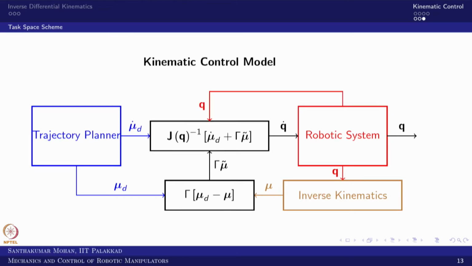One addition: you need this q because this J of q is required. Some people here again use the inverse kinematics and then the desired value, but I prefer this as feedback, so better we use q. So that is the whole idea.